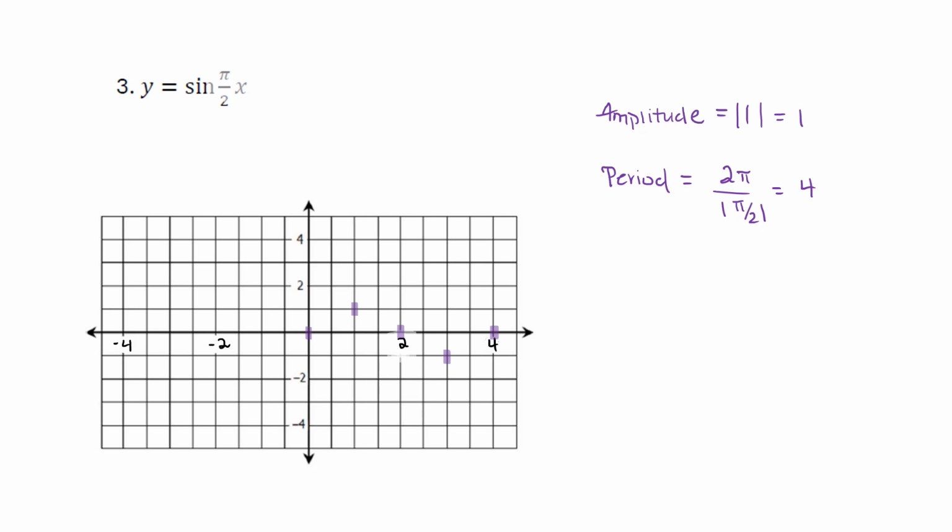And so that is one complete cycle of the sine graph that happens within 4 units. We can then extend this to the left-hand side. So -1, 0, 1, 0.